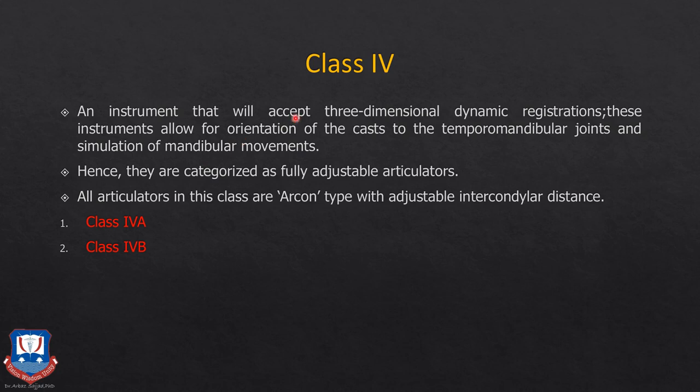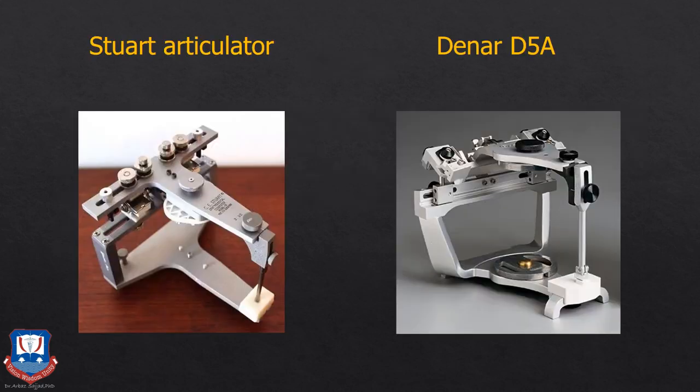The key difference here is that these articulators accept three-dimensional dynamic registrations. They do not accept what we call static protrusive and lateral protrusive records, but they accept dynamic records from the patient using special instruments that are known as stereographs and pantographs. We'll talk about them later.